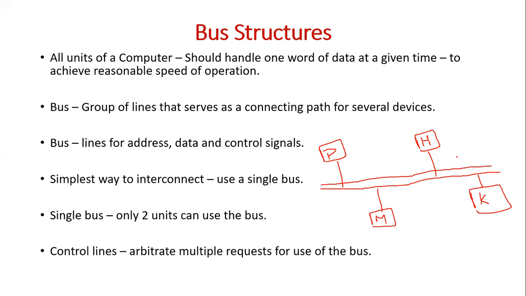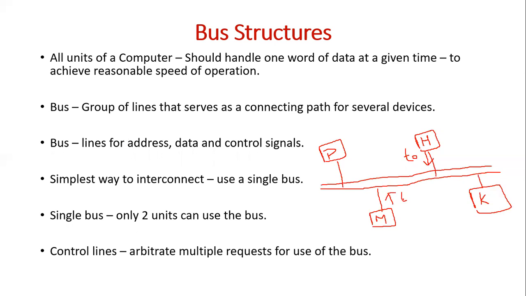Okay, so now say, for example, the hard disk says that it wants to use the bus at time t naught. And say that memory also wants to use the bus at the same time t naught.